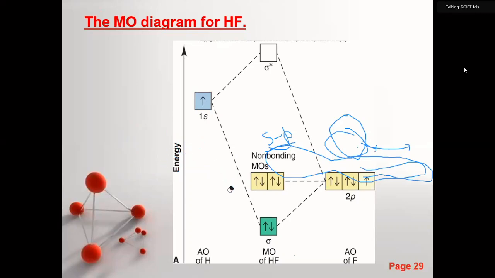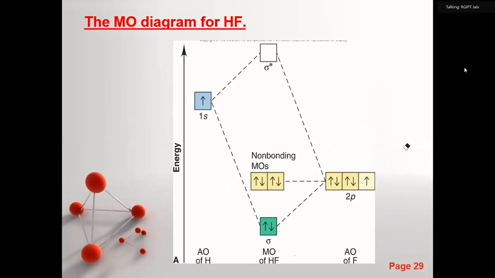Let's discuss heteroatomic. Now we will come to heteroatomic. Homonuclear means, like B2, C2, F2.